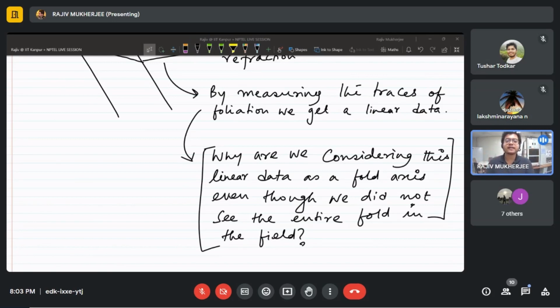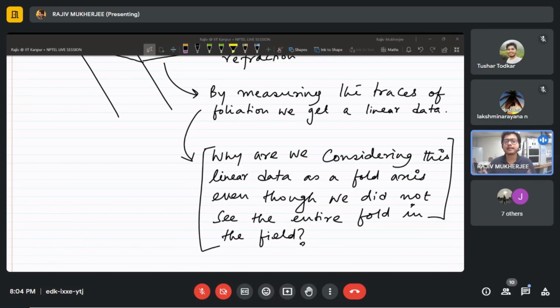And the prominent structure formed because of ductile deformation is a fold. And therefore, since we are observing this foliation, this crenulation, the formation of these mineral lineations, intersection lineations, all these things together, and the metamorphosed rock as well, it tells us that the rock must have undergone certain ductile deformation.